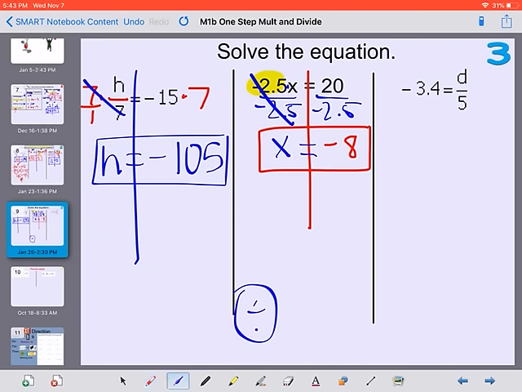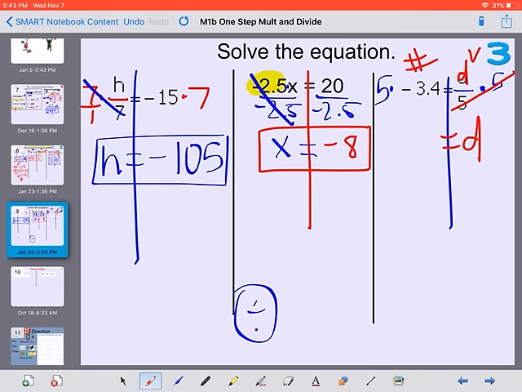All right, next one. I know these couple didn't show up super great on your notes. We have the variable on the right, and we need our numbers on the left because we have the letter D right here. The opposite of dividing by 5 is going to be multiplying by 5. Multiply by 5. So on the top and the bottom, those eliminate.